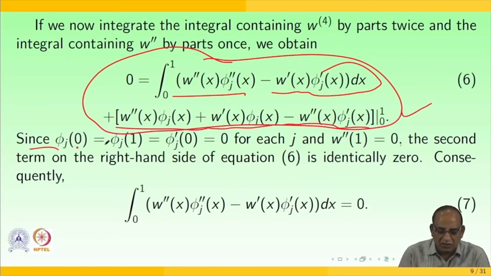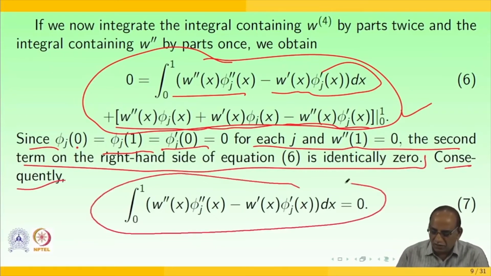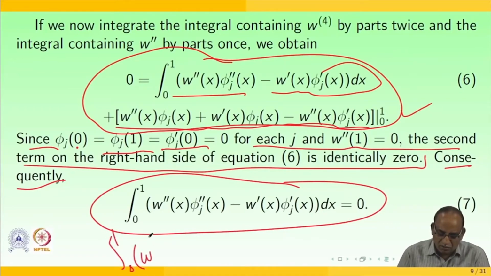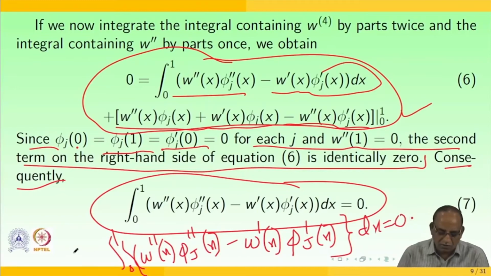Since phi j of 0, phi j of 1 is 0, phi j prime is 0 for each j, and w prime of 1 is equal to 0, the second term on the right hand side of equation 6 is identically 0. So consequently you have this equation: integral 0 to 1 of w double prime of x phi j double prime of x minus w prime of x phi j prime of x dx is equal to 0.